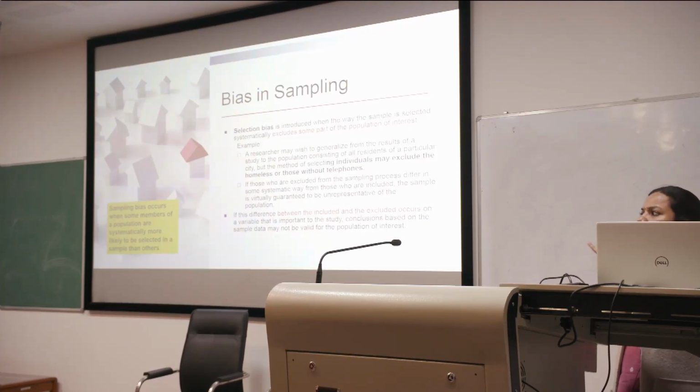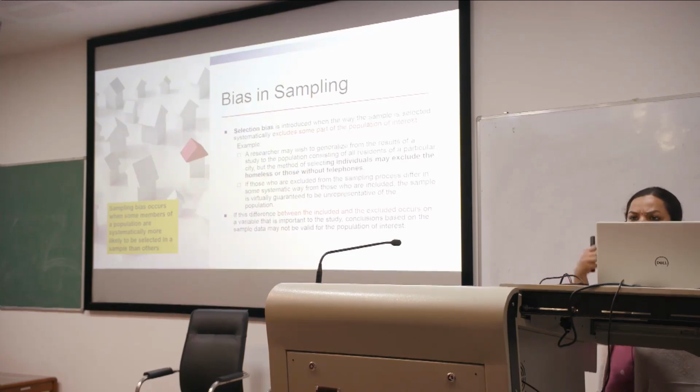Suppose you are looking at an entire country project, but you take the sample only from Karnataka because you are too lazy to travel to other states and collect the data. You are concentrating only on Karnataka, but the problem you are talking about is the entire country. This is some kind of bias, right? You are excluding something which should be included in your problem.